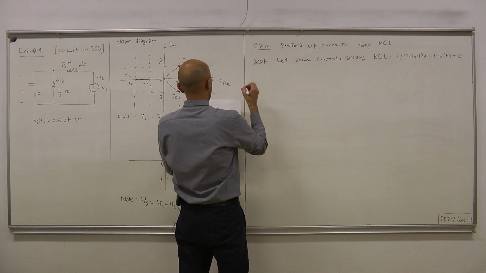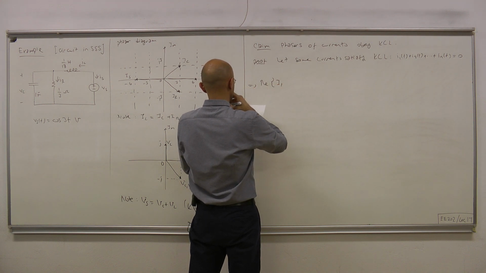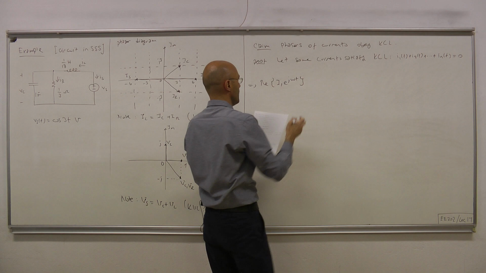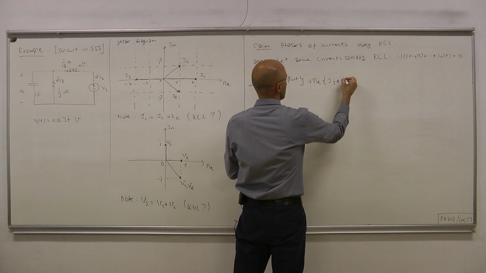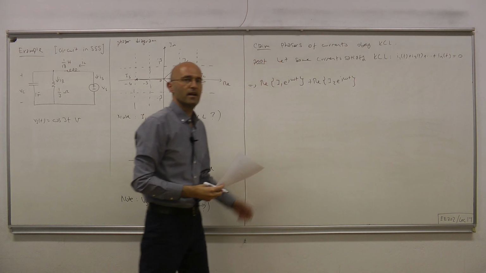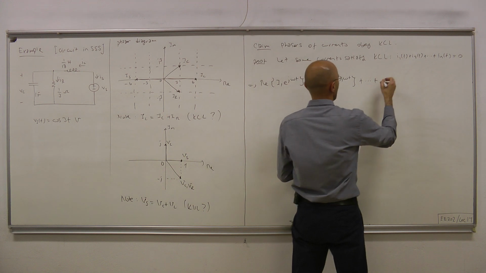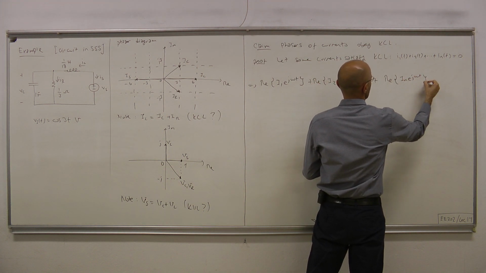So the real part of I1 e to the j omega t plus the real part of I2 e to the j omega t plus the real part of In e to the j omega t equals 0.